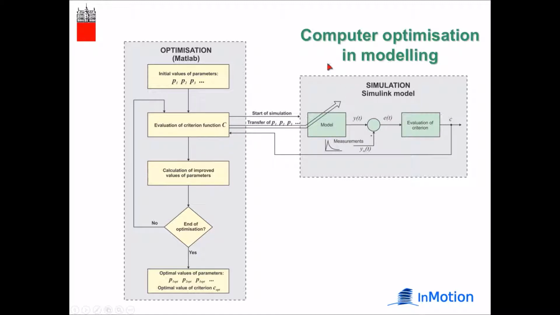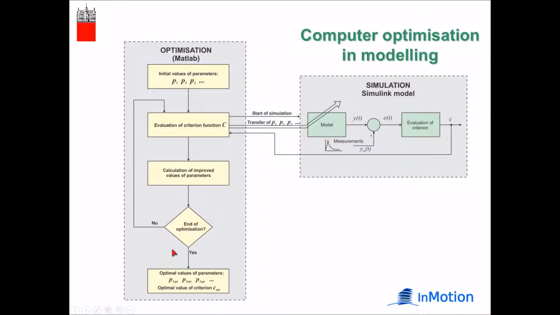This MATLAB function starts the simulation. With this simulation, we obtain the criterion function, which is calculated in a transient response. This criterion function is returned to the MATLAB main program, and then the optimization program calculates improved values of parameters.